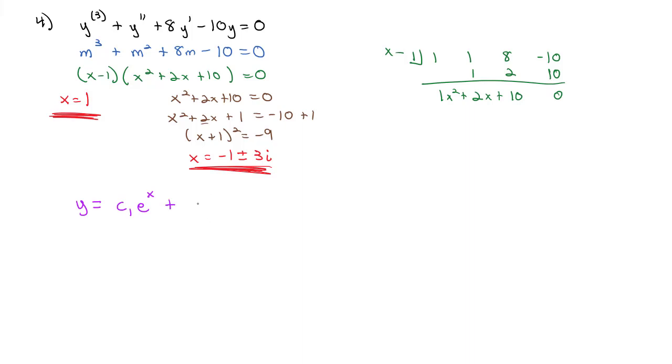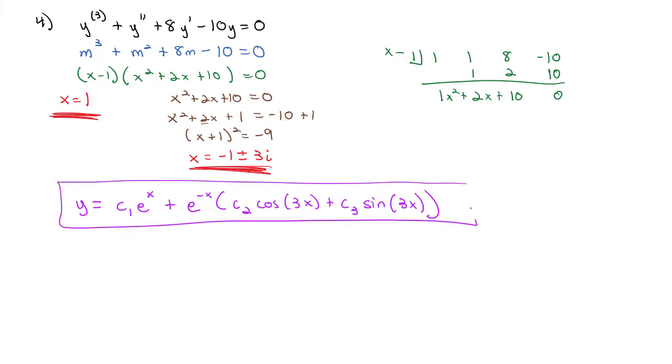So we'll use our complex rules. e to the negative x times c2, now we're on our second constant, cosine of 3x, plus c3 sine of 3x. And this then is our solution to the third-order linear differential equation that was homogeneous with constant coefficients.